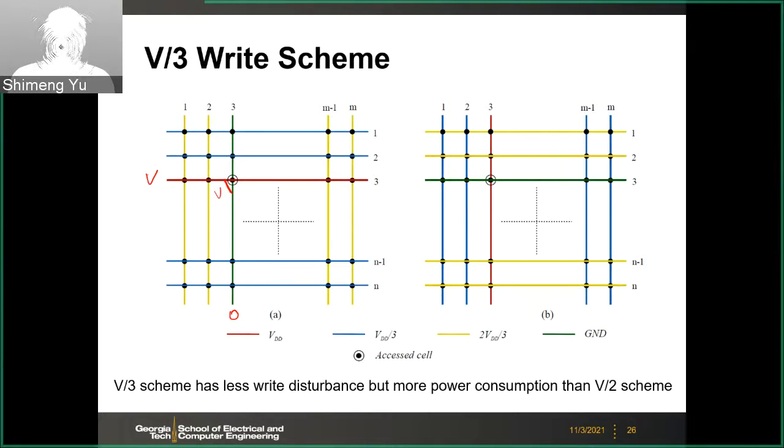The difference is that for the other unselected word lines, in this case, we apply V/3 to those unselected word lines.